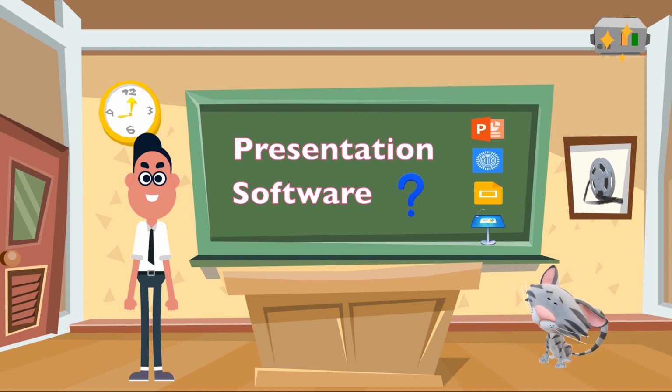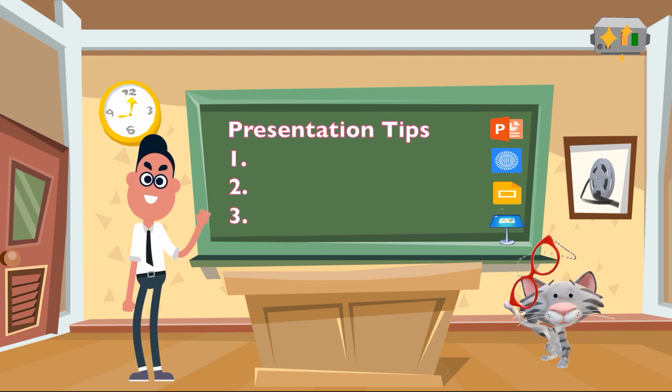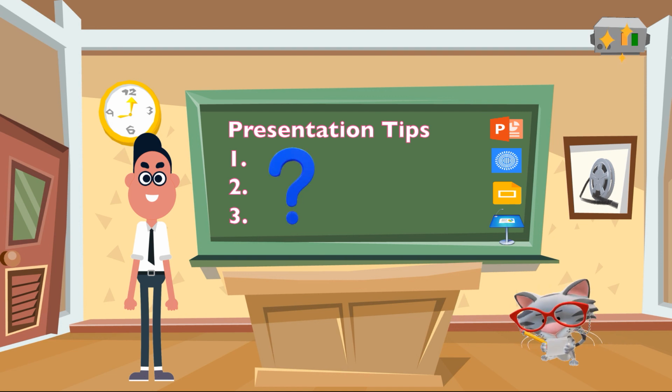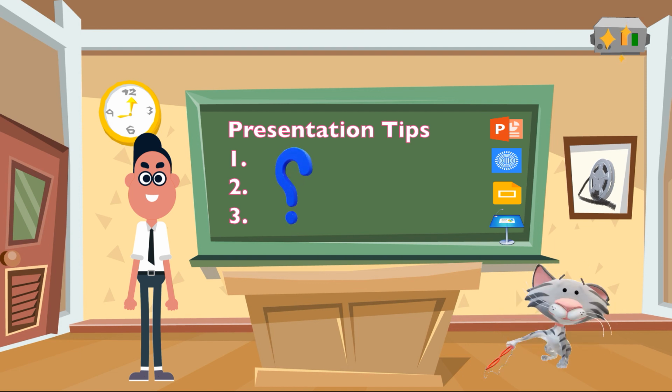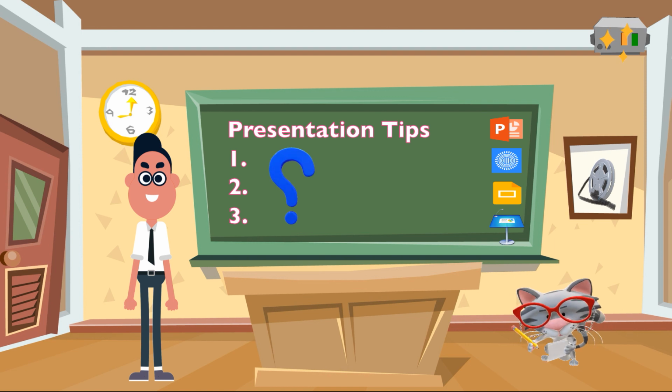So they are presentation software, and John is going to be talking about a presentation. So Young-hee, do you have any tips for John? All right, so John, any presentation tips? There are 3 rules. Oh, you have 3 rules for presentations? Yes. What are your 3 rules for presentations, Young-hee?